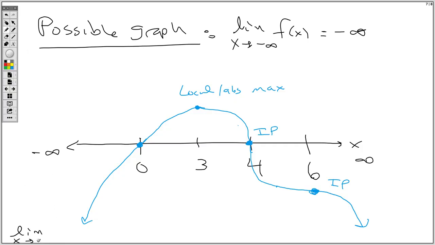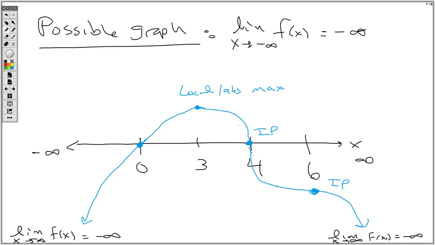I'll mark these down here. There we go. So it starts here, comes up through 0 up to 3. During this entire journey, the function is increasing and concave down. Then from 3 over to 4, it's decreasing and concave down until we hit 4.